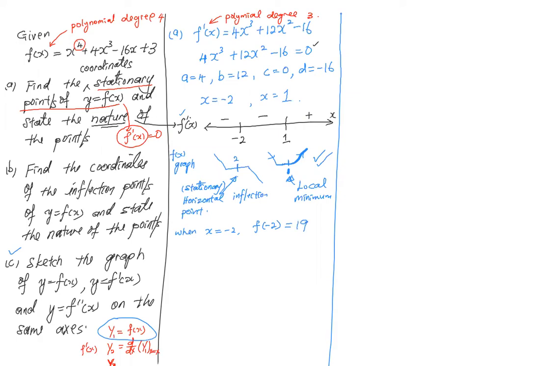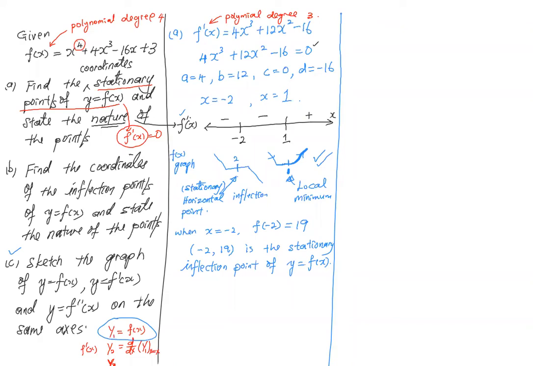So now you conclude (-2, 19) is the stationary inflection point of y equal to f(x).